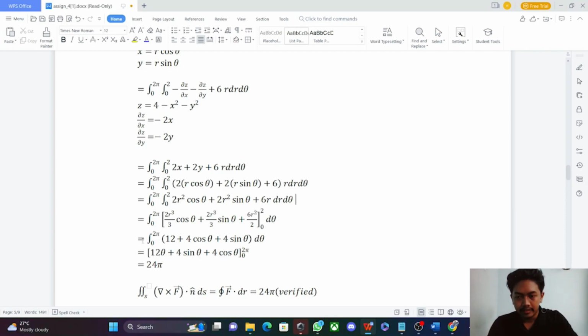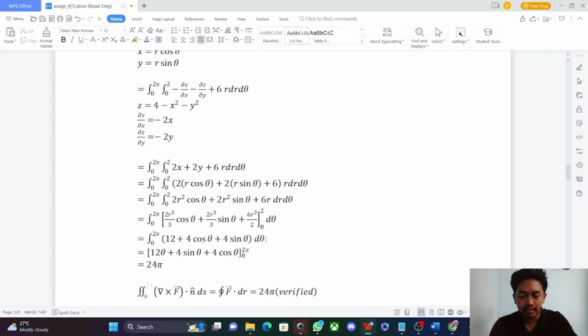Now, after we integrate it, we got the integral from 0 to 2 pi of the bracket 12 plus 4 cos theta plus 4 sin theta d theta.